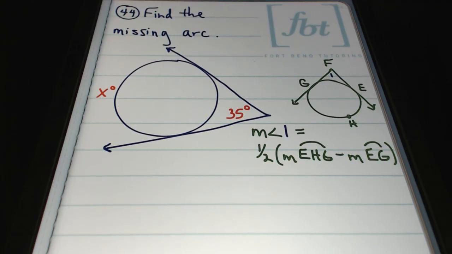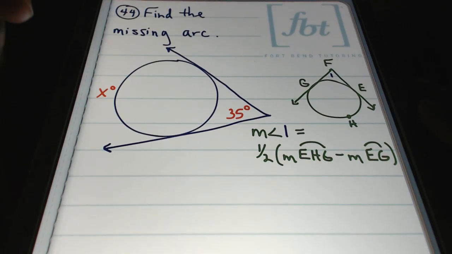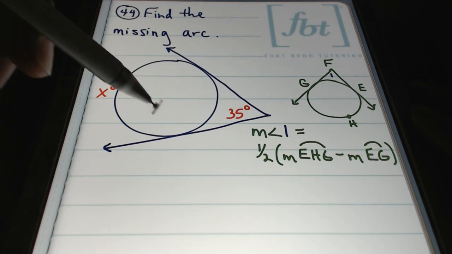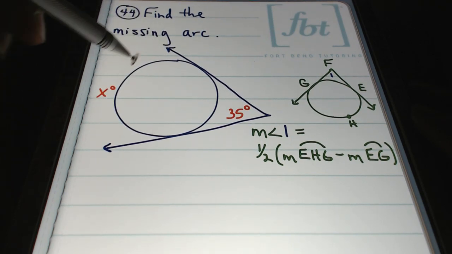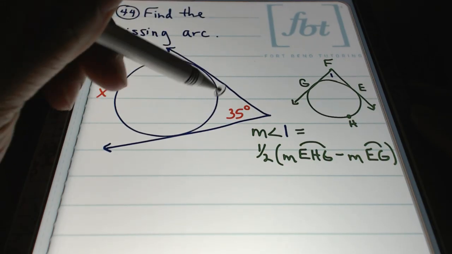All right. Three Musketeers, we are assuming that all segments that appear to be tangent are tangent. That's what we're doing. That was for you, Three Musketeers. All right. So let's find the missing arc. In order to find out the missing arc here, this x degrees that we're looking for, of this major arc, that's what we're trying to find here, whereas the minor arc, we don't know.